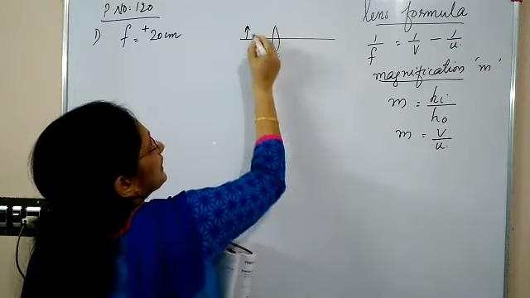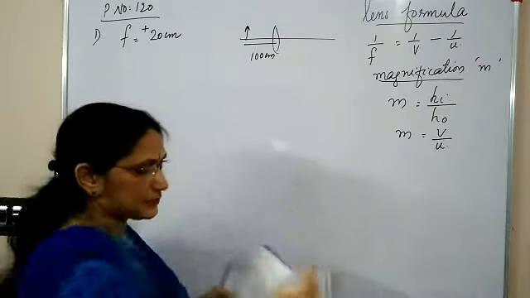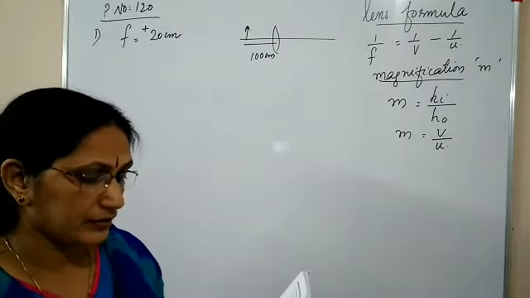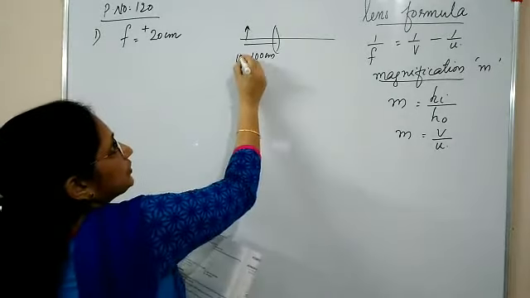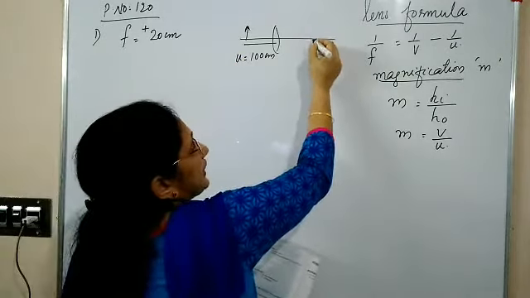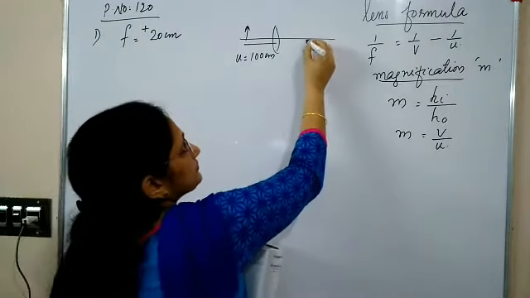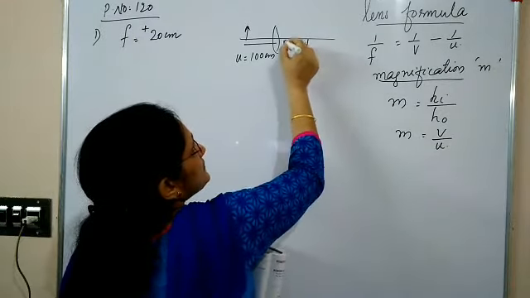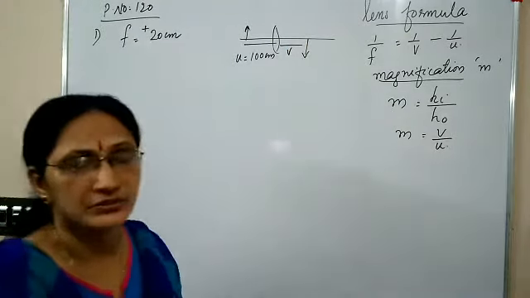From the lens, at a distance of 100 centimeter, the object is kept. Object placed 100 centimeter means U is 100. Where the screen is to be placed means where the image will form. This distance you have to find out. V you have to find out.